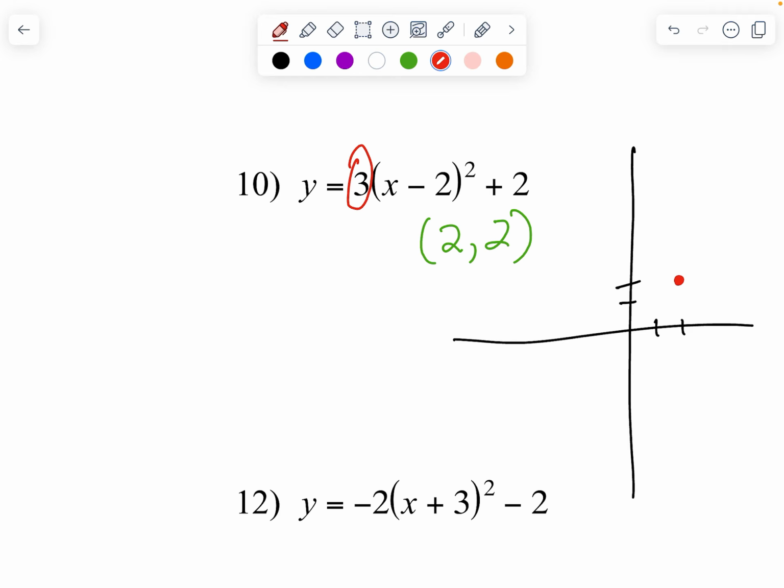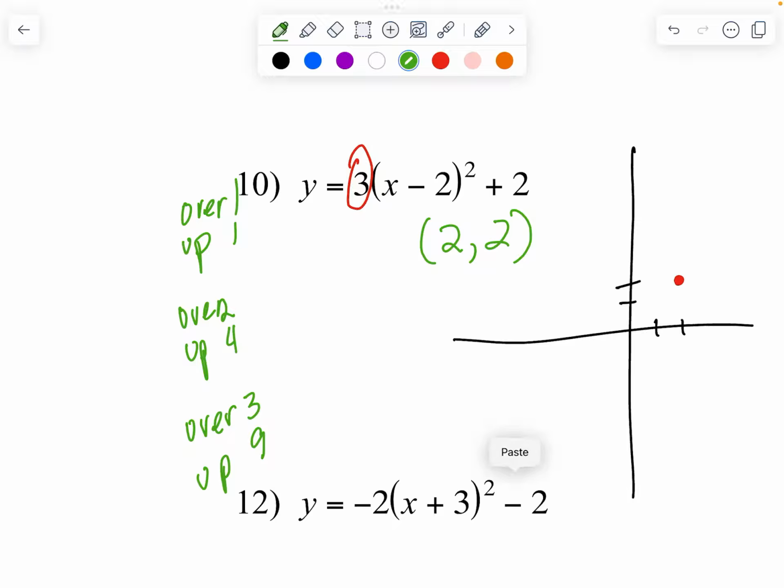So instead of over 1, up 1, over 2, up 4, over 3, up 9, you're going to multiply the ups by 3.